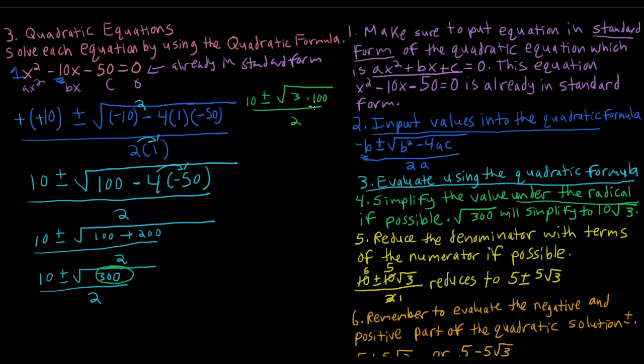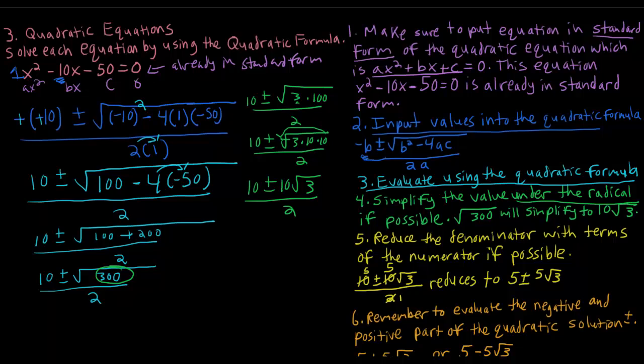And 100 can still be simplified. 3 can't because it's a prime number. So 10 plus or minus the root of 3 times 10 times 10 all over 2. And since we have two 10s here, we can simply take that and move it to the left of the radicand. So we'll end up with 10 plus or minus 10 root 3 all over 2.